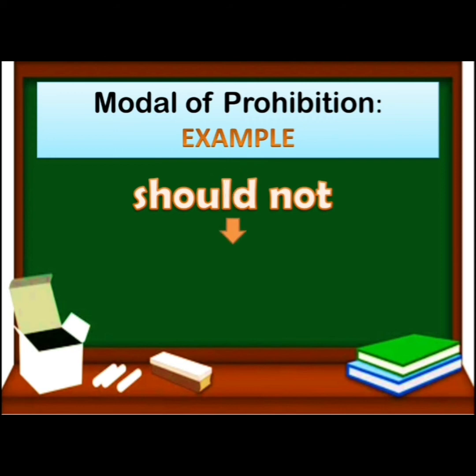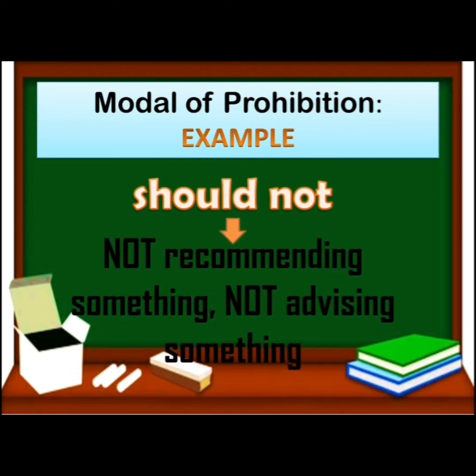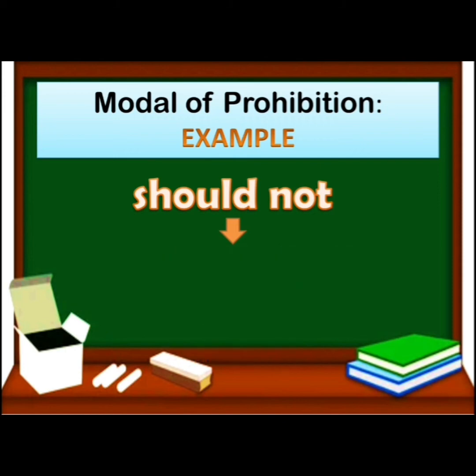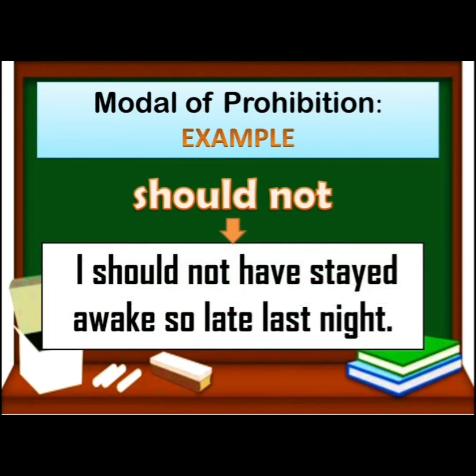Lastly, we will be having should not under modals of prohibition. We are using should not if you are not recommending someone to do something, or you are not advising someone to do something, especially if there will be a bad effect on that person later on.